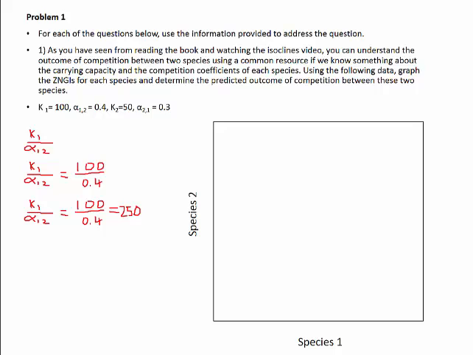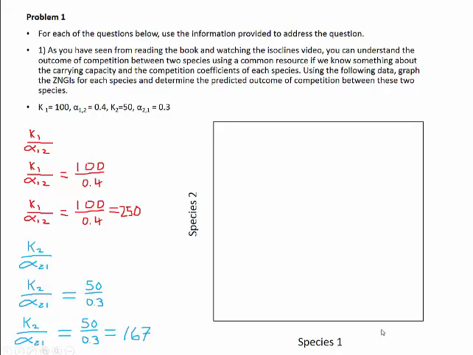Similarly for K2 divided by alpha 2,1, we're going to divide 50 by 0.3. All right, so a big number again divided by a small number, and that's going to yield us 166.7, which I've conveniently rounded up to 167. So now we have enough information for graphing our Zingis.